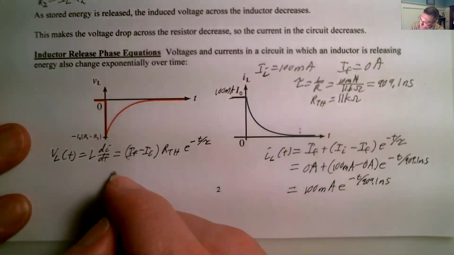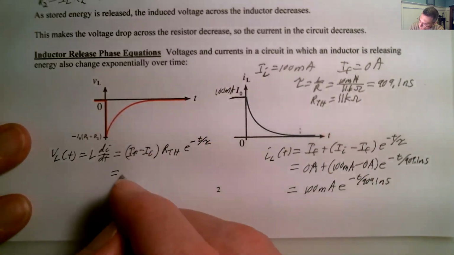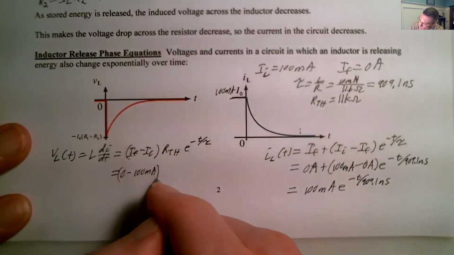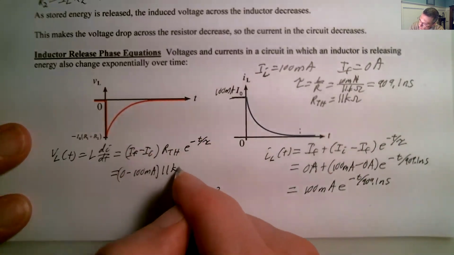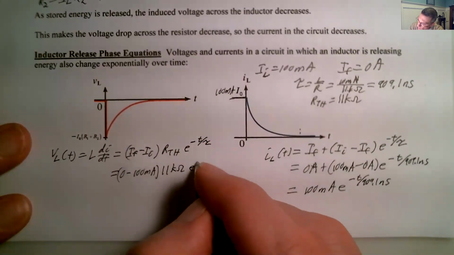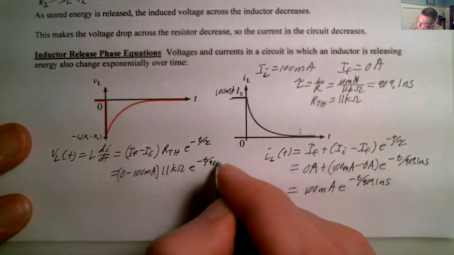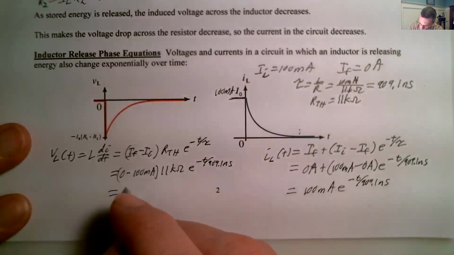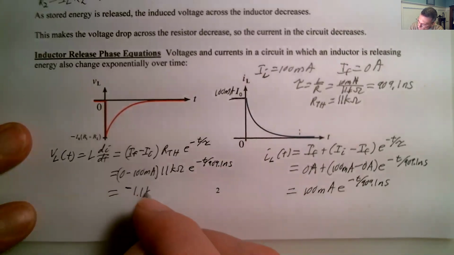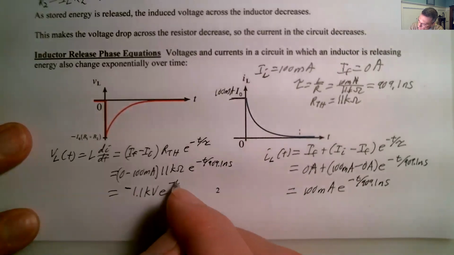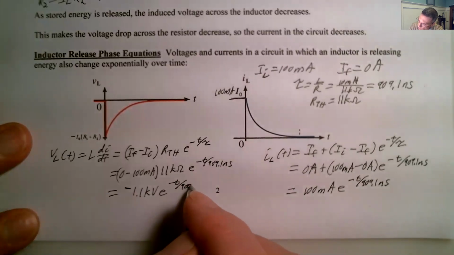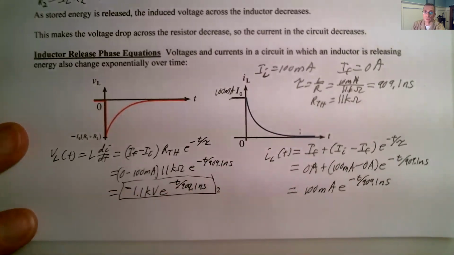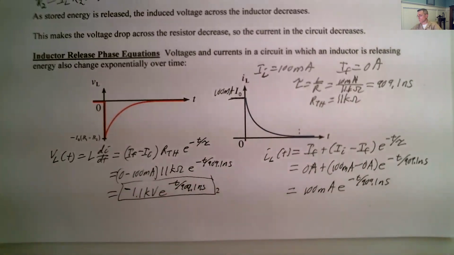I initial is 100 milliamps. So we get 0 minus 100 milliamps times 11 kilohms e to the minus t over 909.1 nanoseconds. Multiplying that out, we get negative 1.1 kV e to the minus t over 909.1 nanoseconds. And that's how the voltage gets really high.